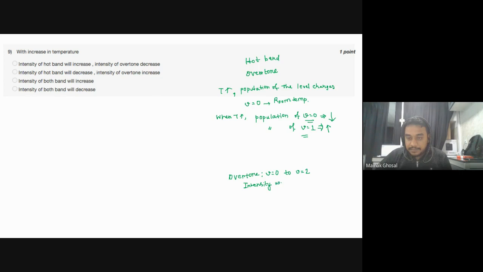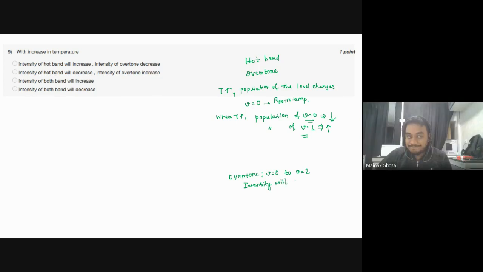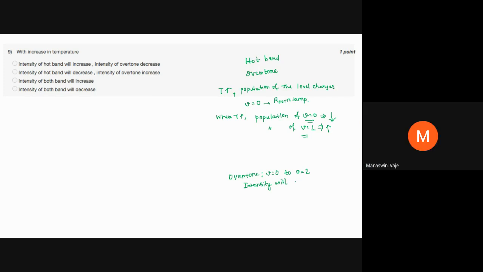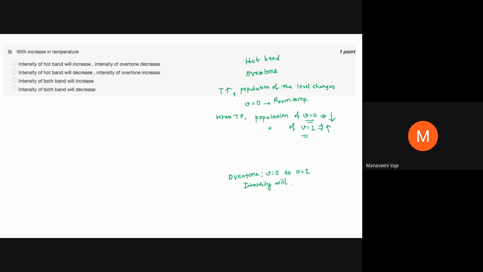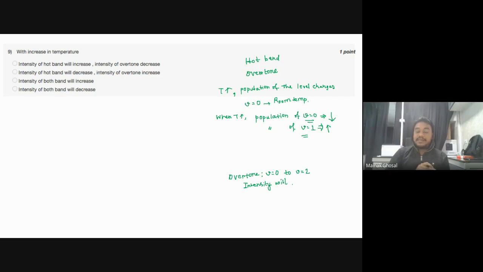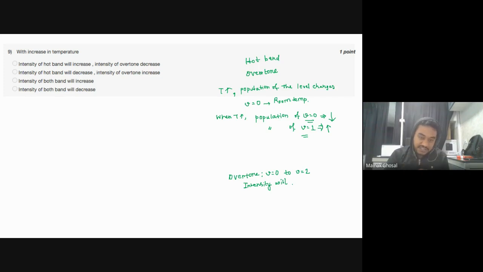Will the intensity increase or decrease? It will decrease. Exactly. Intensity depends on how many particles are there in your state. Suppose in V equals to 0 there are 100 molecules. After some time, when you are giving temperature, the population decreases, and from 100 molecules there are now 60 molecules in the ground state.